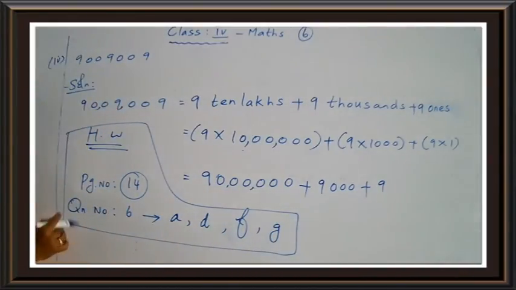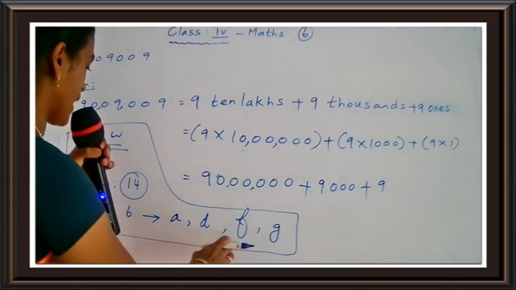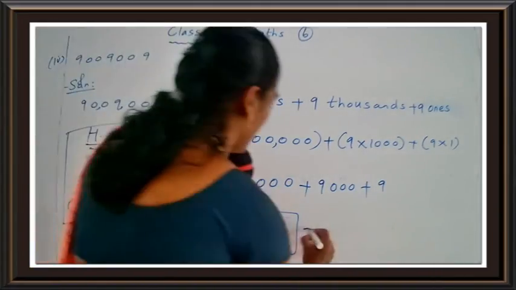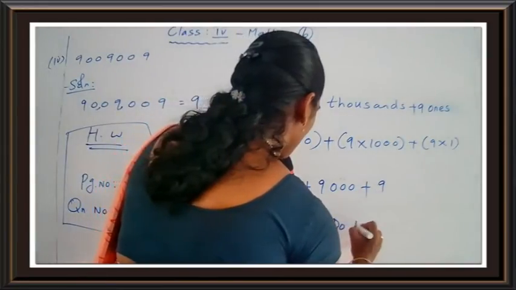Okay children, so your homework, page number 14. All of you take your book, mark the homework questions. Page number 14, question number 6. Mark the questions A, D, F and G. Do it in your homework note.